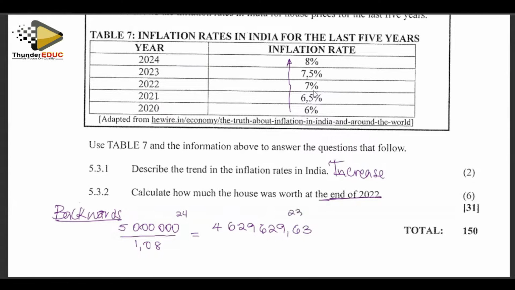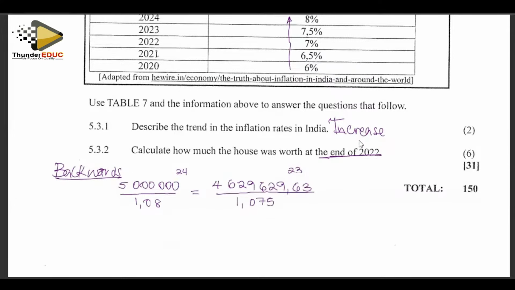Now just 23. Again, it has to reduce by what? By this percentage here, which is 1.075. When you reduce it by 1.075, the answer you get, it will be for 2021. It was that much.